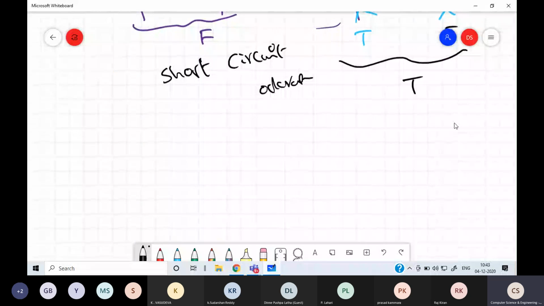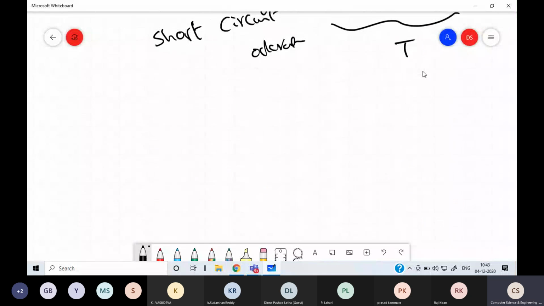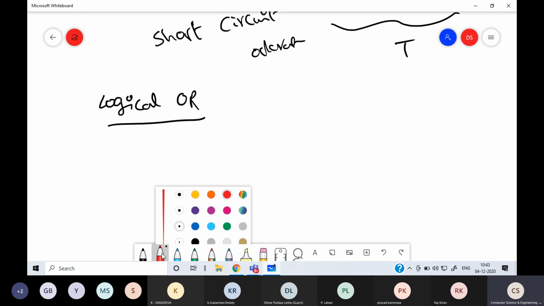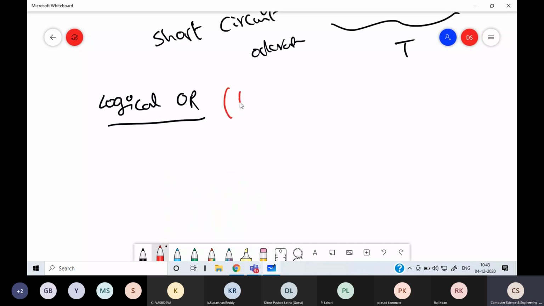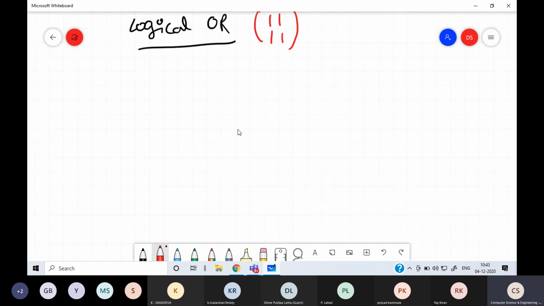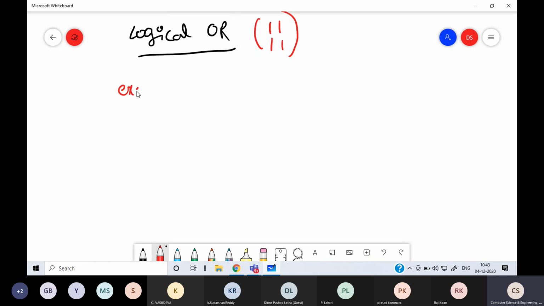So this is the logical AND operation. Similarly, when I take the logical OR operation, it is done with pipe symbols. So take this pipe. This is logical OR. When you take this logical OR, there is expression 1 and expression 2.